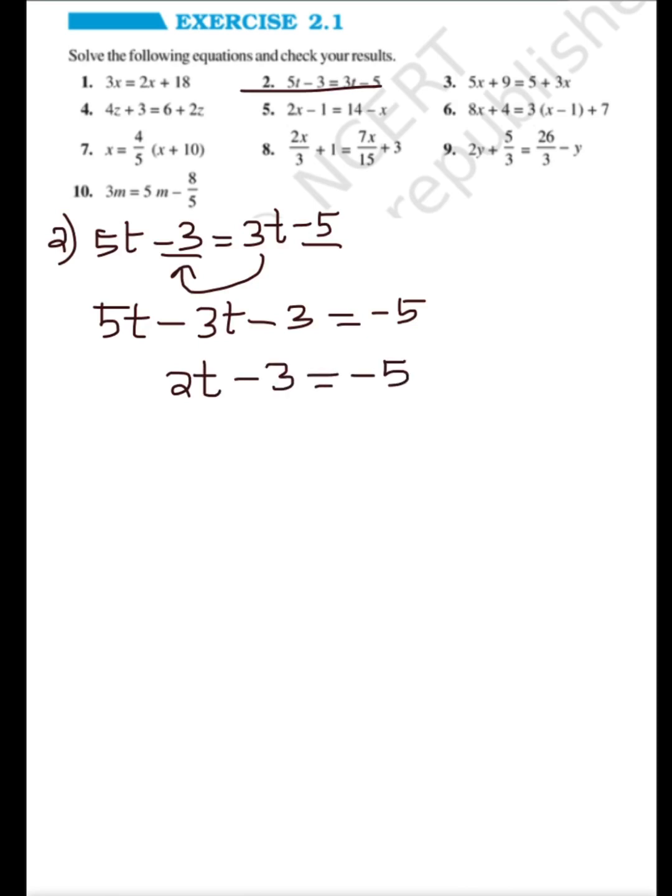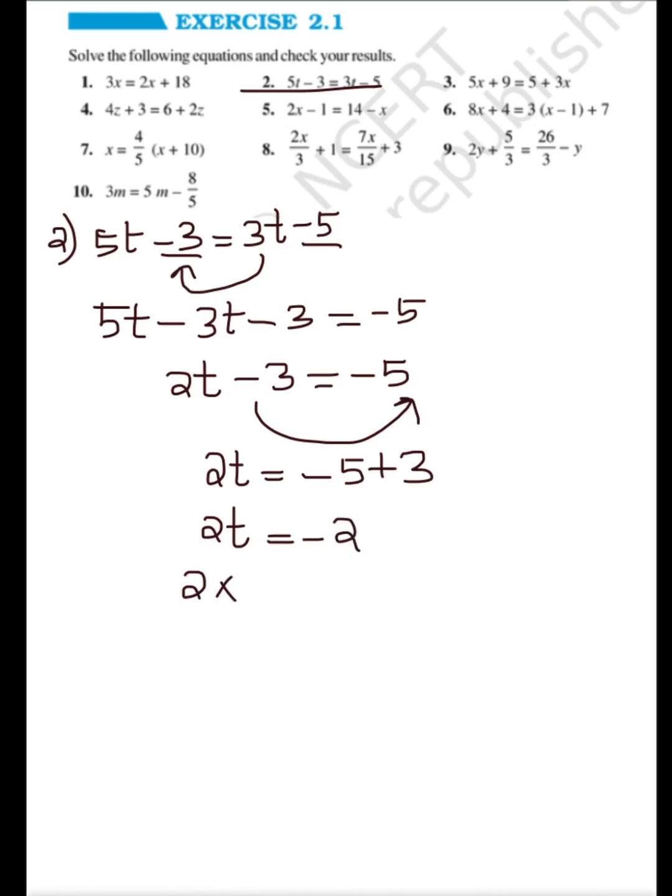So you have to get the variables only on one side. That means you have to take this also to another side. So 2t equals what? Minus 5 is already here. Now minus 3 will become plus 3. So 2t equals what? Minus 5 plus 3 is what? Minus 2. So 2 into t equals minus 2.